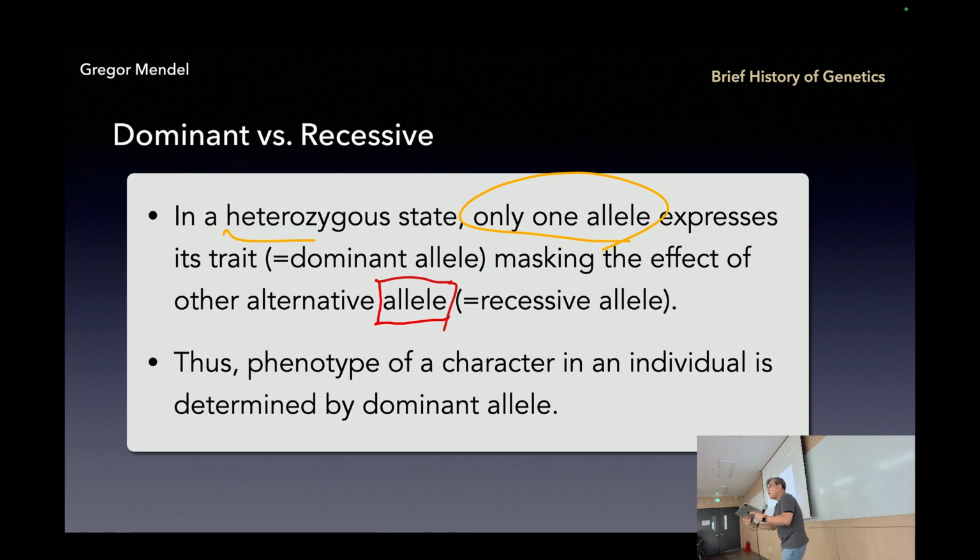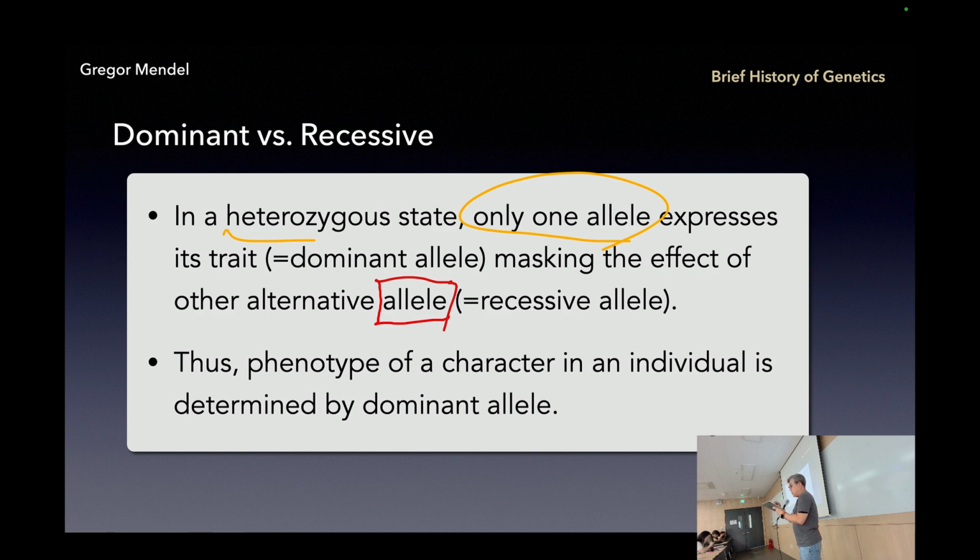The definition of an allele is an alternative version, an alternative form of a certain gene, of a trait or of a character.